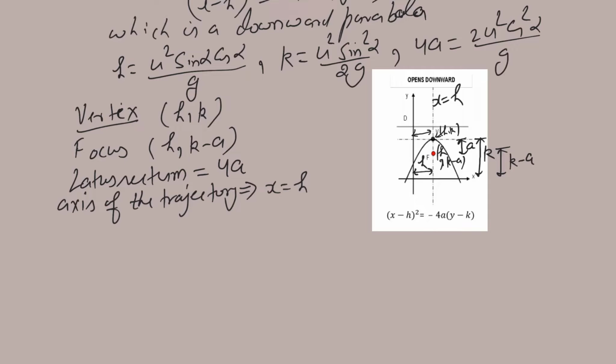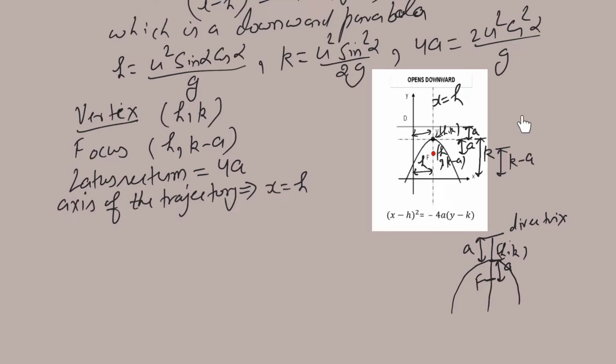So next we will see what is the directrix of the trajectory. From this figure we know that this distance is also a, because in case of a downward parabola, if this is h comma k, this distance where the focus is will be a, and where the directrix is, that will also be a at a height. This is focus and this is directrix. So this is a, this is a, and this is k.